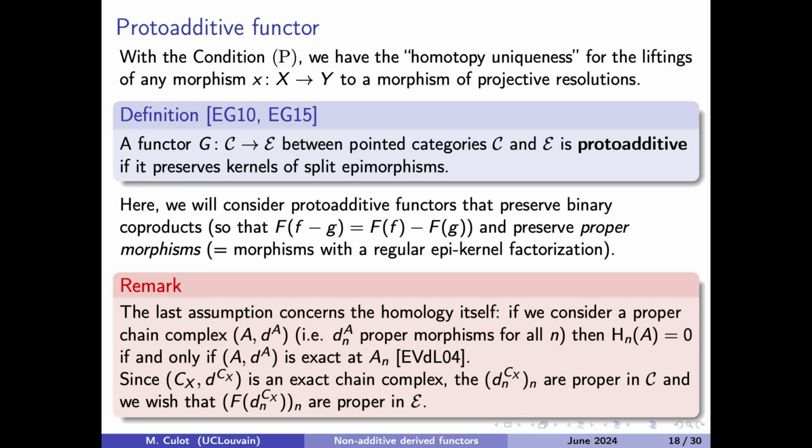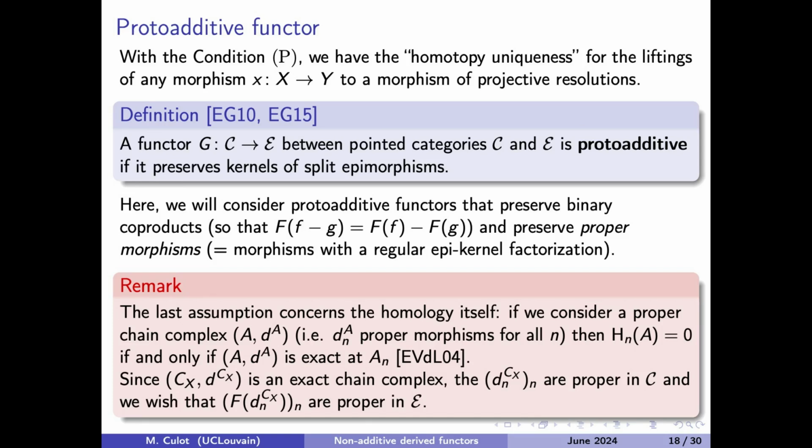But we should ask more than that. We should ask as well that those functors preserve binary coproducts, to ensure that the subtractivity holds as well. And finally, a condition that we need is that such a functor preserves proper morphisms. This last assumption is not linked with my homotopy, it is linked with the homology in the non-abelian context.